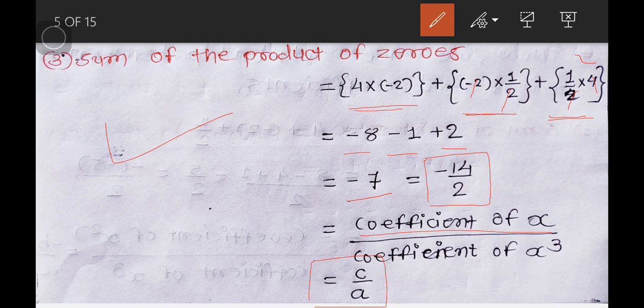So this one is sum of the product of zeros is equal to coefficient of x divided by coefficient of x cube, that is c by a. C is the coefficient of x and a is a coefficient of x cube.